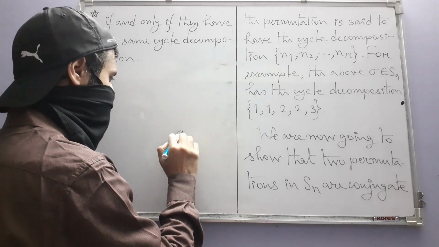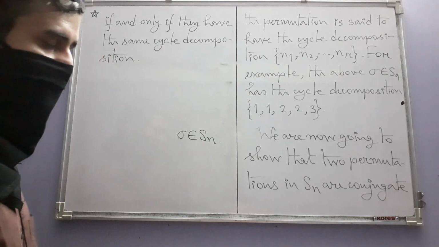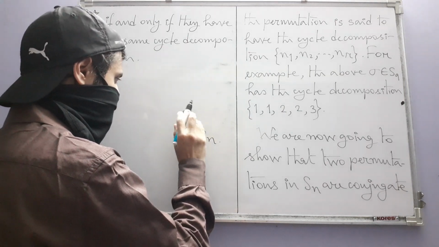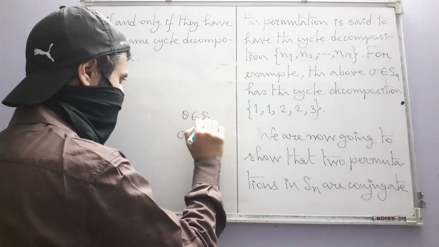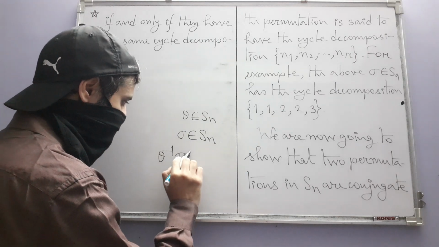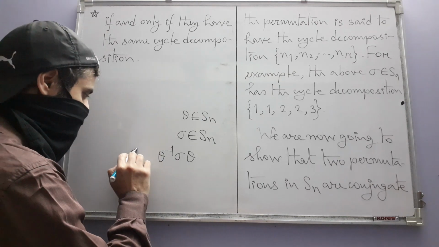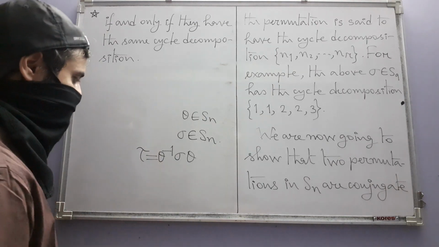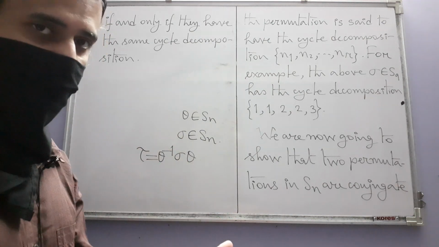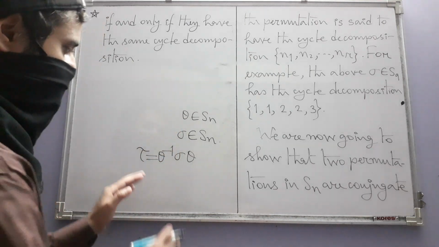Say you are considering any arbitrary permutation, say sigma, and you also take another permutation theta in Sn, so that you can form this conjugate theta inverse sigma theta. So if you are calling this conjugate tau, then sigma and tau are conjugate, and the conjugating permutation is theta, which is giving us the conjugate.